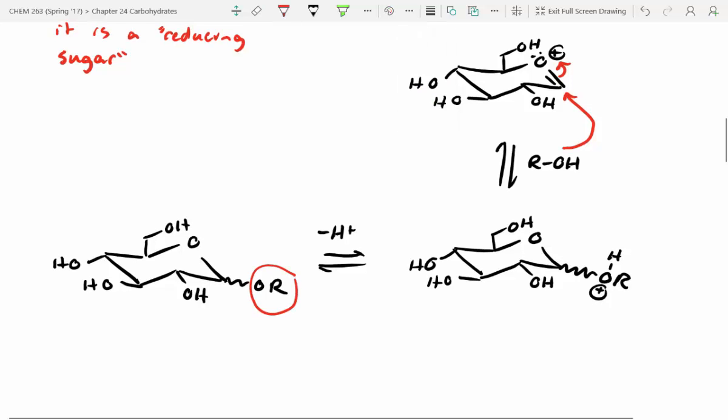So a glycoside is basically where you have some other nucleophile off of the anomeric carbon besides a hydroxy group.